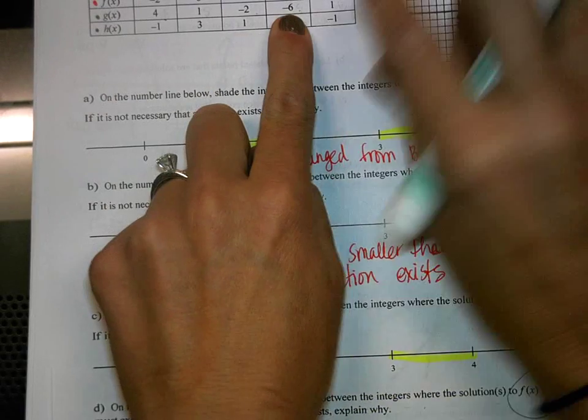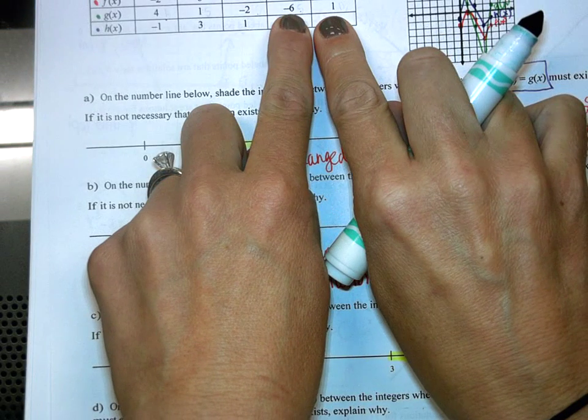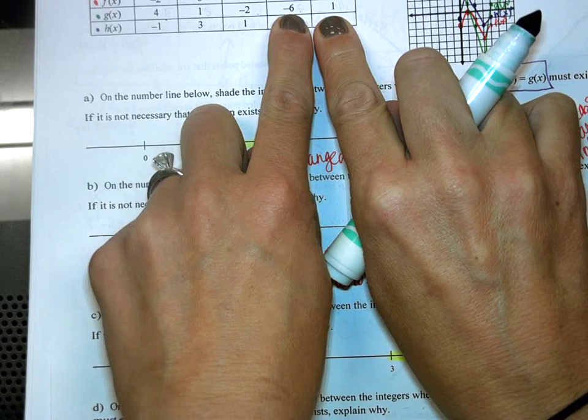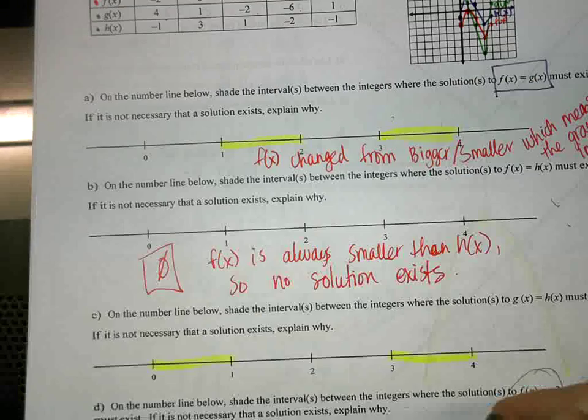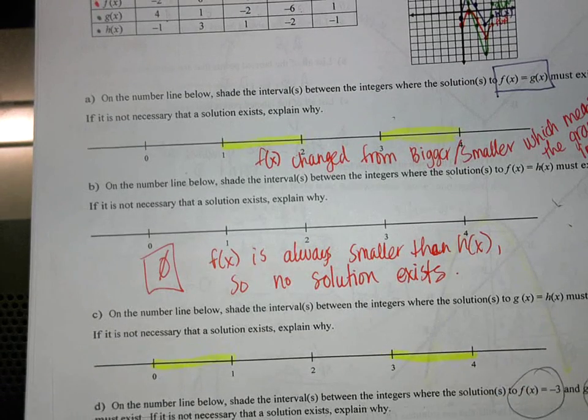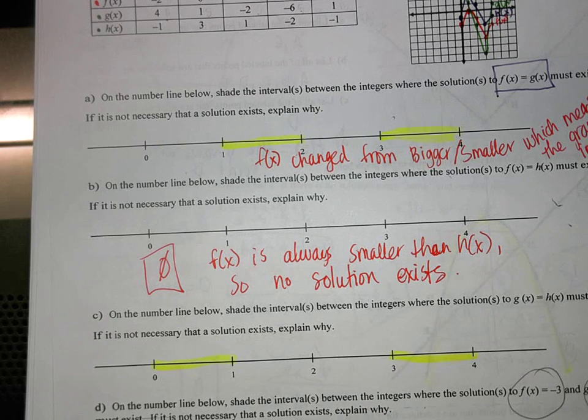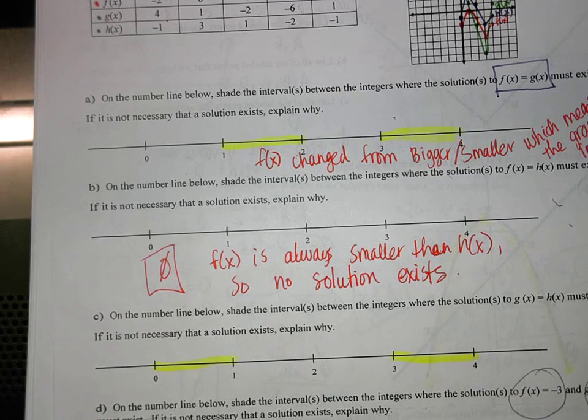And then staying on g of x, is negative 3 in between negative 6 and positive 1? Yes. So it won't always work out this way, but both of them will have solutions at negative 3 between 2 and 4. Oops, you can't see what I wrote.